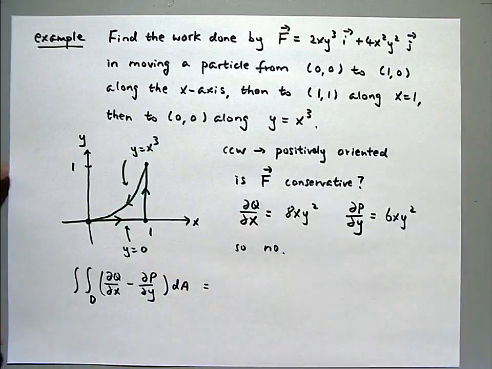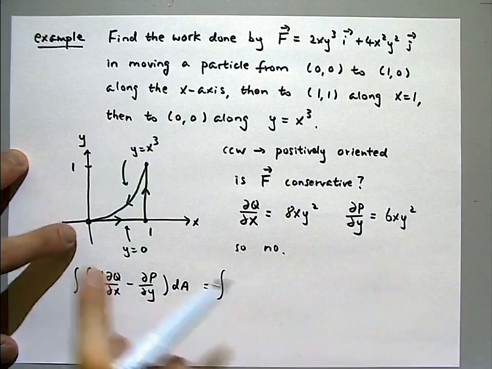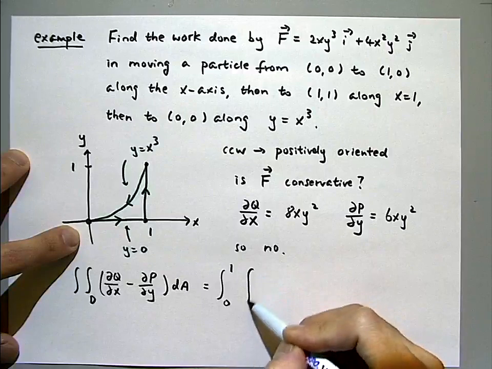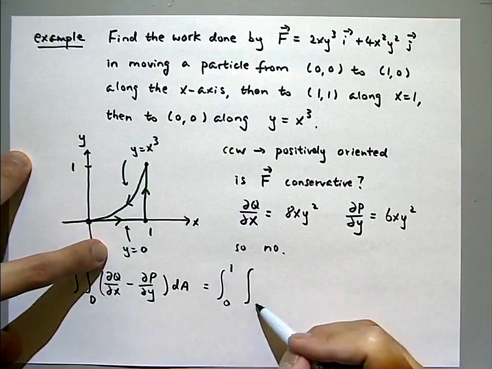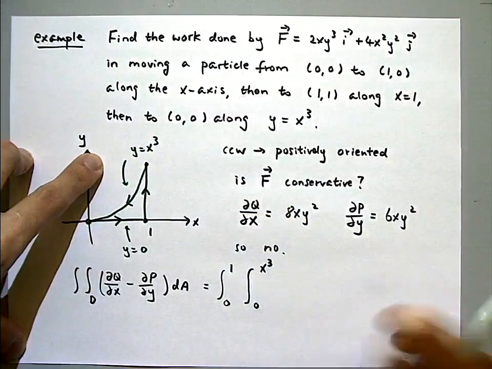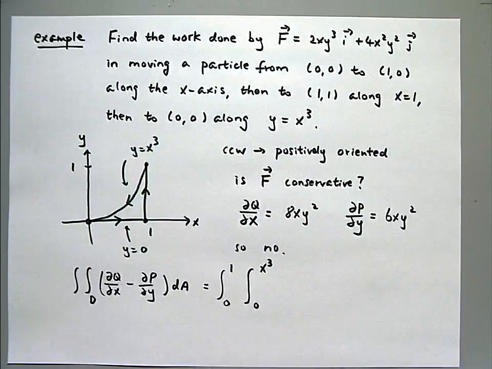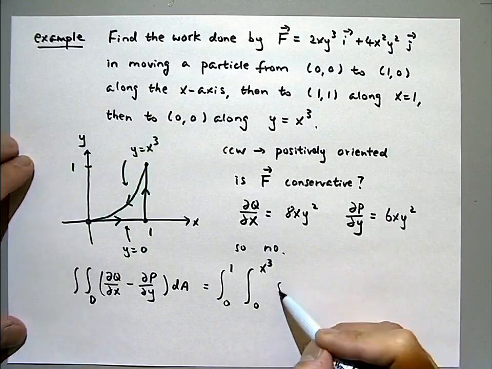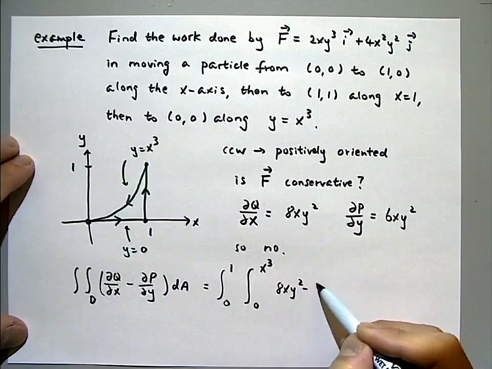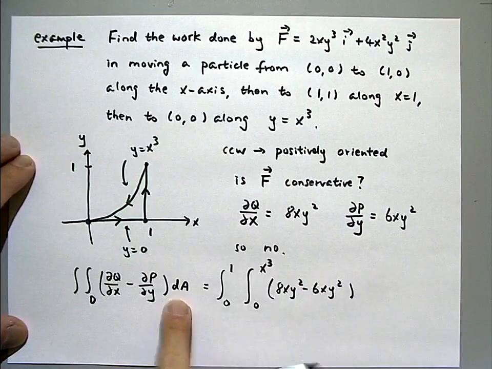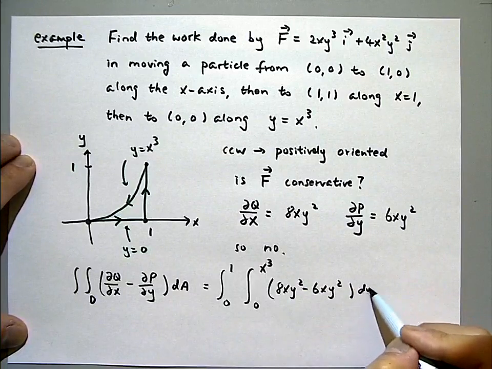Let's just stick with type 1. Let x be bounded by 0 and 1, and let y be bounded below by 0 and bounded above by x cubed. Then we integrate the difference of Q_x and P_y dA, we're doing y first, so dy and then dx.